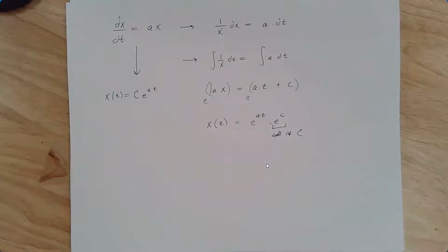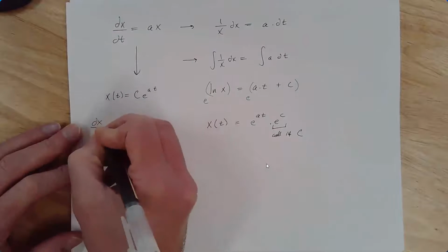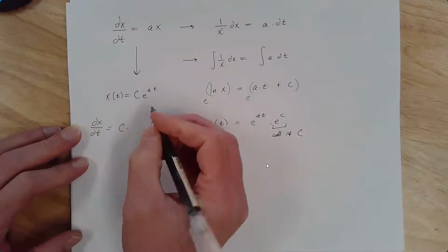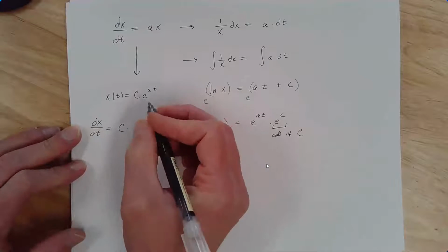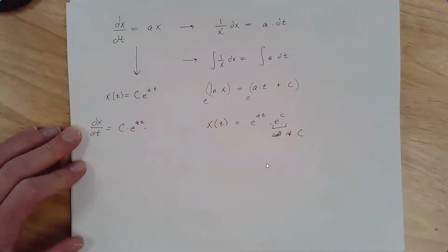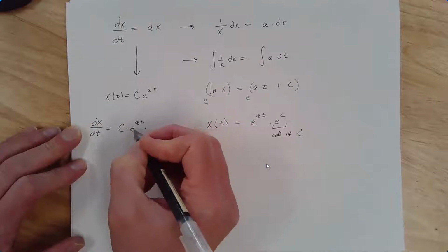And I want to point out, this really is a solution, right? If you take the derivative, dx/dt, the derivative of a constant times the function is the constant times the derivative of the function. The derivative of e to the stuff is e to the stuff times the derivative of the stuff. And what's the derivative of at?